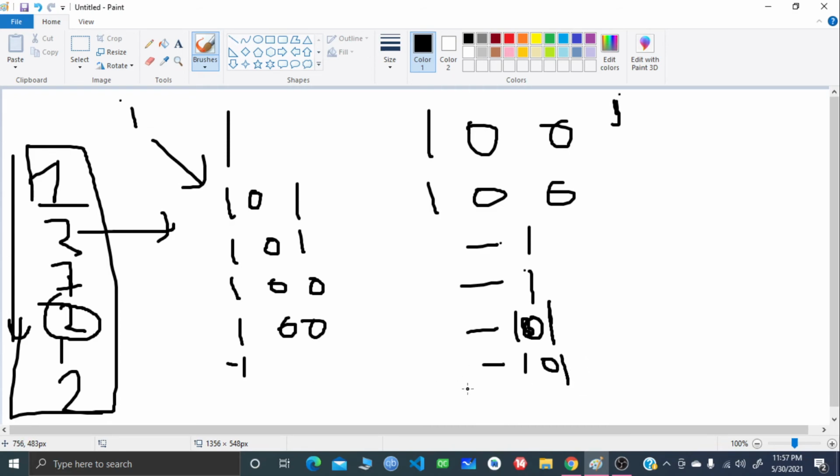Then if I do the type 2 operation, -101 minus -1 means -101 plus 1, definitely -100. And that's how we get our final answer.